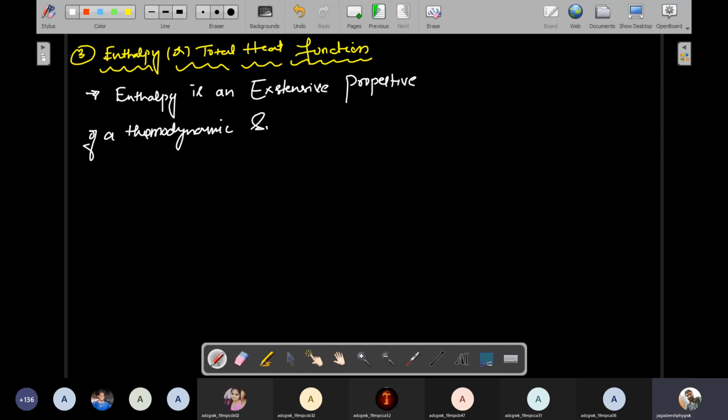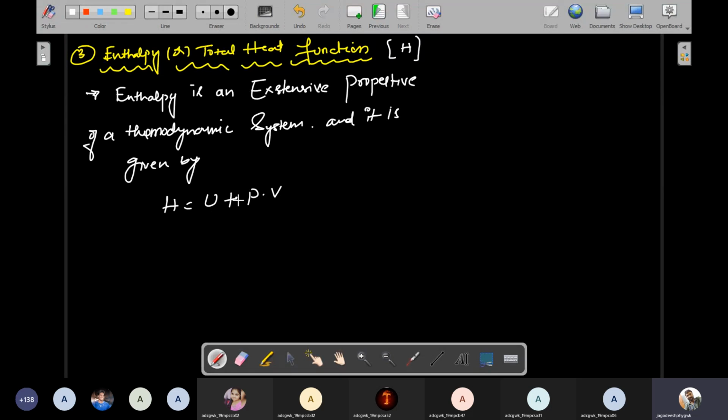So this is an extensive property of a thermodynamic system, and it is represented by capital H. It is given by H = U + P·V.